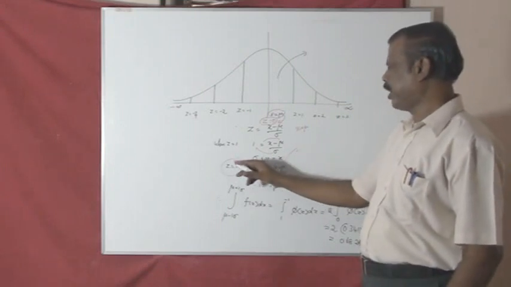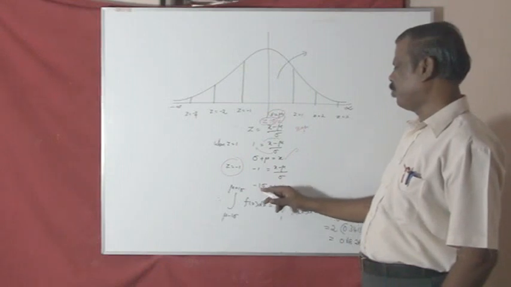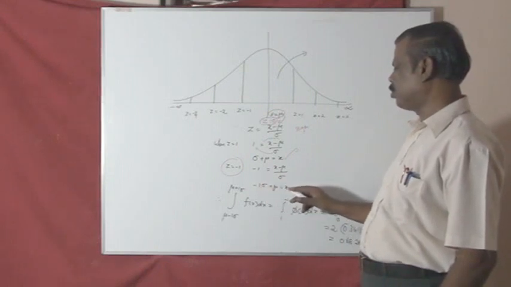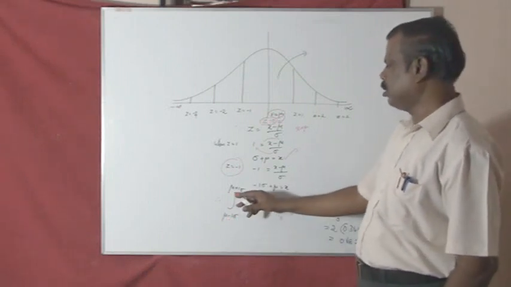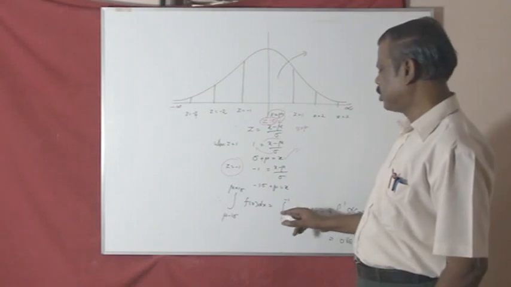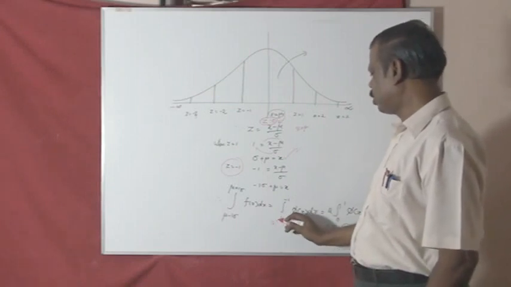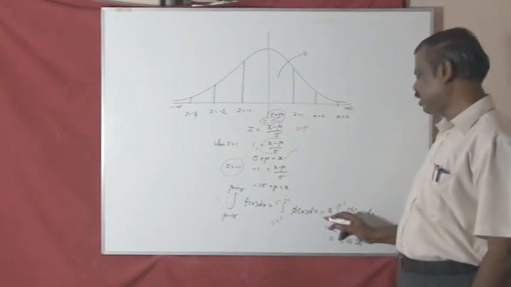When z is equal to minus 1, minus 1 sigma plus mu is equal to x. Therefore, the integral from mu minus 1 sigma to mu plus 1 sigma of f of x dx is nothing but the integral from z equal to minus 1 to z equal to 1 of phi z dz.